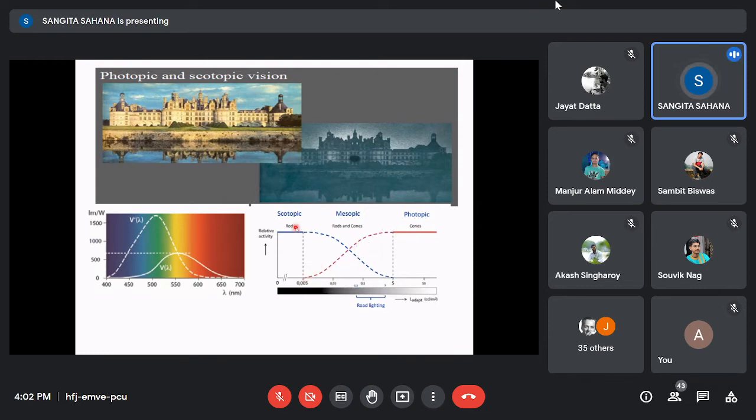When the light is decreasing from high to low, the participation of rods is increasing, and M goes from 1 to 0. Here both rod and cone are the same. Here it is 0.5. At this point, the value of the adaptation coefficient is 0.5, meaning it's half scotopic and half photopic. Clear?